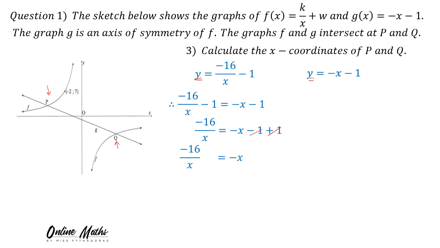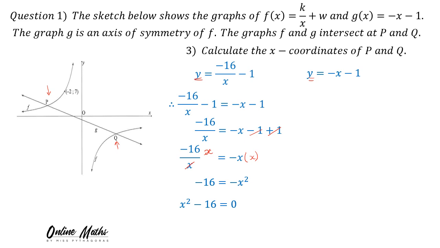And we end with -16 over x equals -x. Then to get x on top, we will multiply both sides by x. Here on the left the x's will cancel, and on the right -x times x is -x squared. Let x squared walk across so that it becomes positive, and we end with x squared minus 16 equals 0.